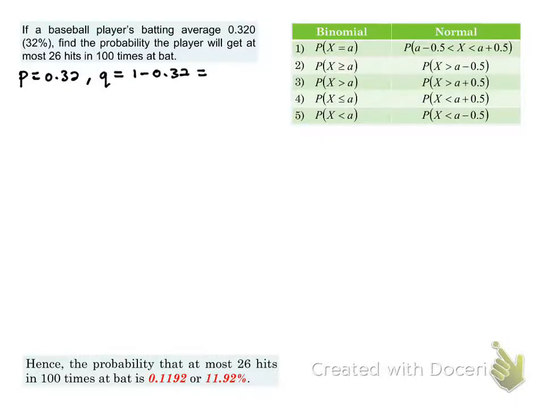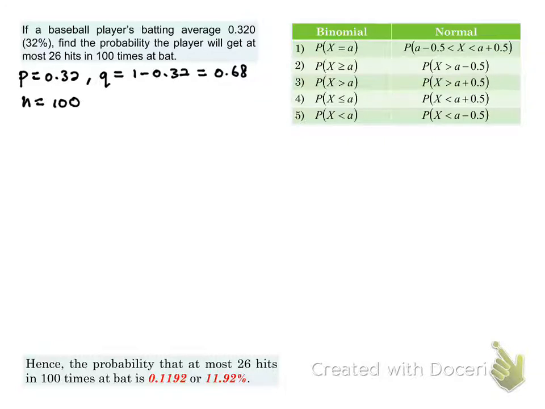What do you get? 0.68, right? So far so good for the P and Q? What is the information given some more? N. What is our N? 100 times, right?